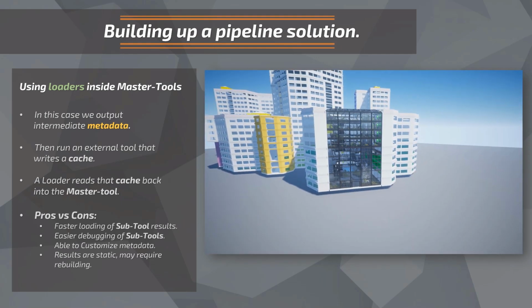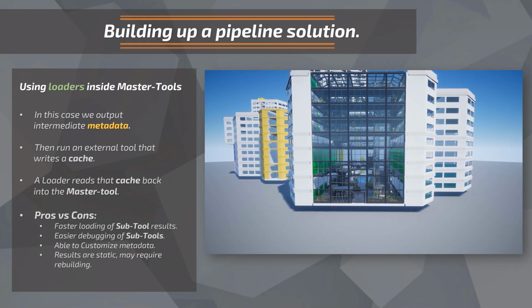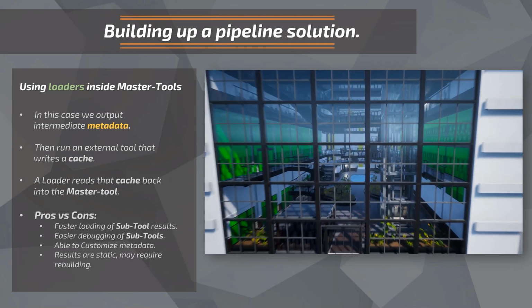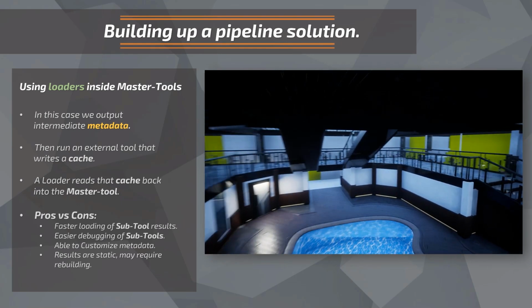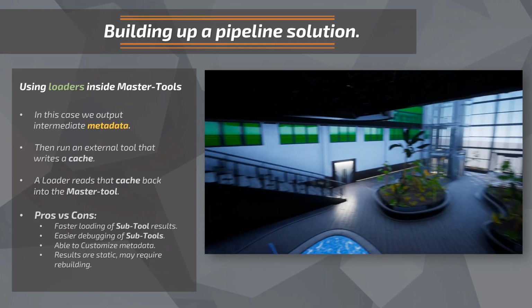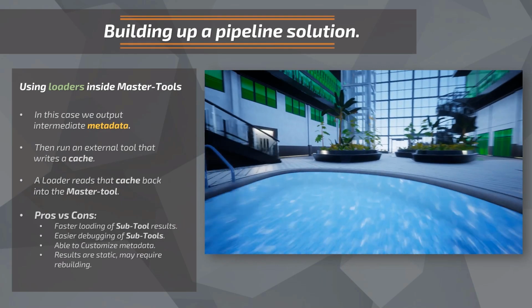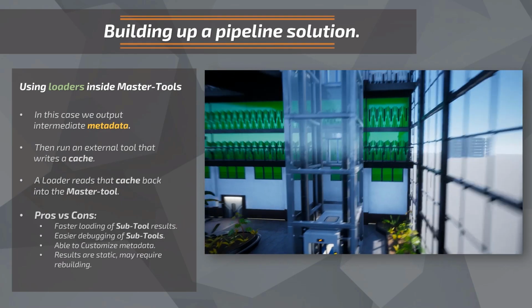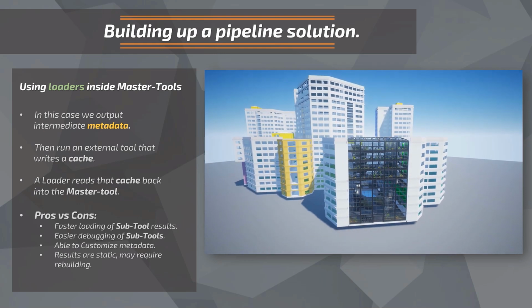However, of course, the results are static. So if your building is going to be changed in this case, then the atrium might not fit. And you'll have to restart all over again with making your own custom space, right? So you probably do this at the end of the process when you've already designed the shape of your structure and then want to inject this very customized space into that larger building.